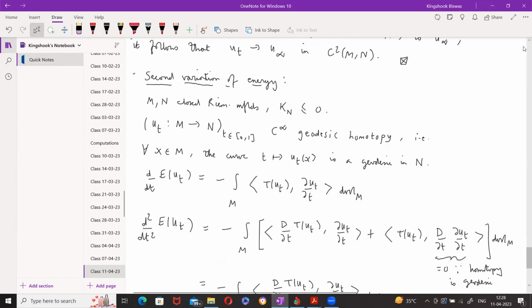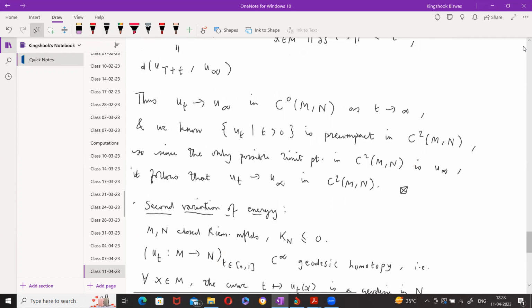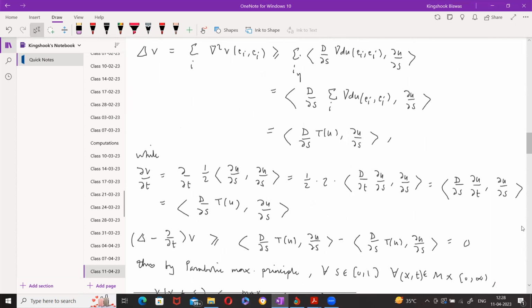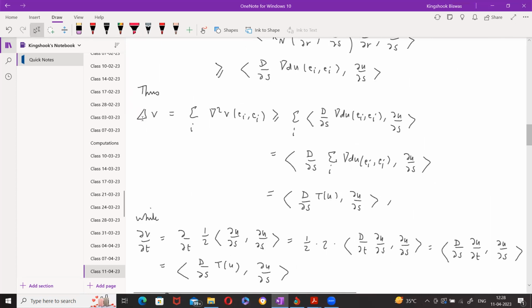Remember this earlier theorem. When we computed the Laplacian of the norm squared of ∂u/∂s, then what you got is this, right?